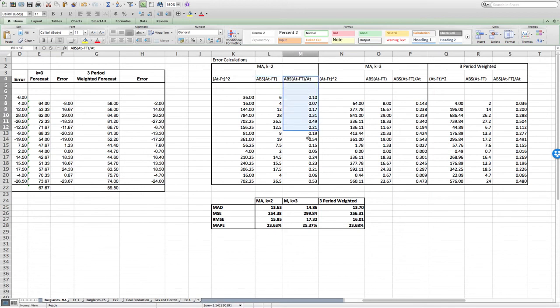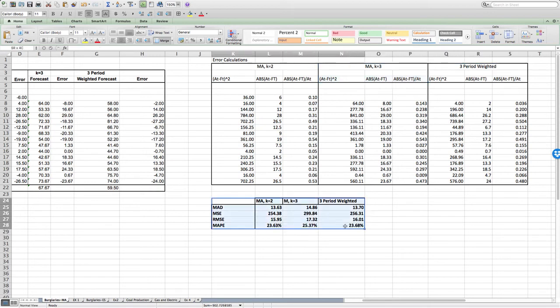I'm going to use this to calculate my MAPE, use this one to calculate my MAD, and use this one to calculate my MSE. I did the same thing for MA k is equal to 3 and then the 3-period weighted method.